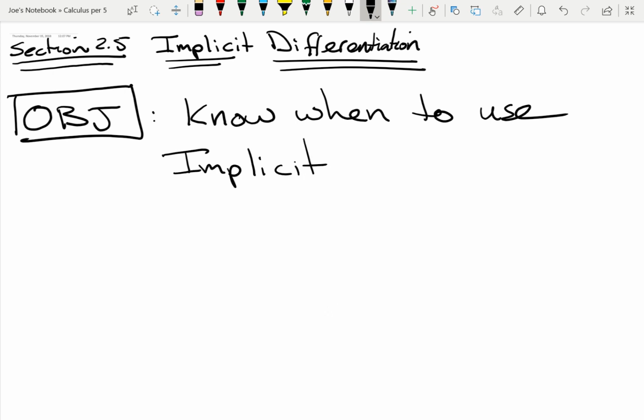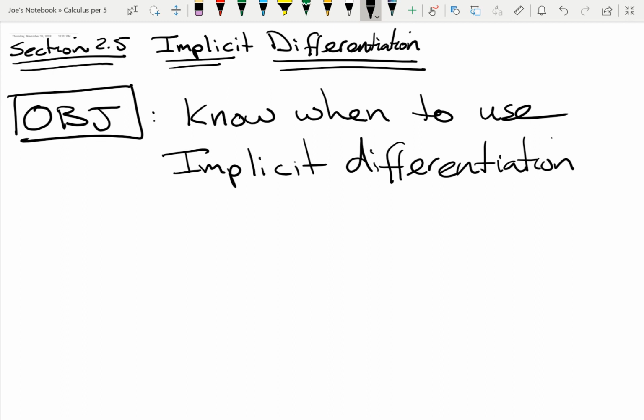Okay, and I'm going to start being lazy with my language. I'm going to write differentiation right now, but when I say in this unit, use implicit, derive it implicitly, then I'm going to be talking about that.